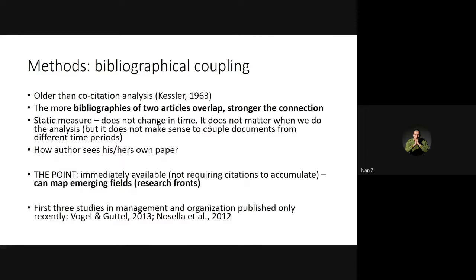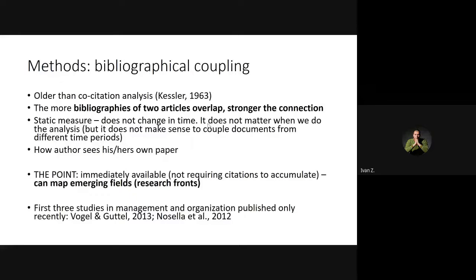Right? So the more cited items are the same, the bigger the probability that these two articles are similar, because this kind of measure assumes that it implies topical similarity in the articles.